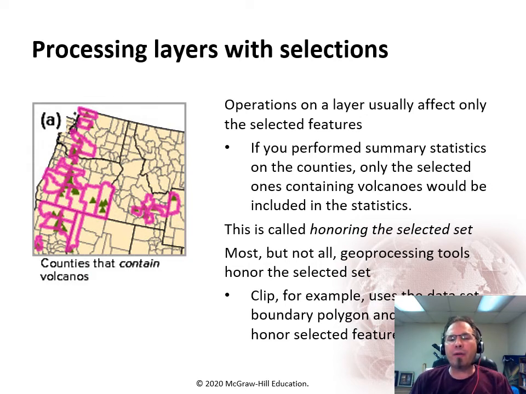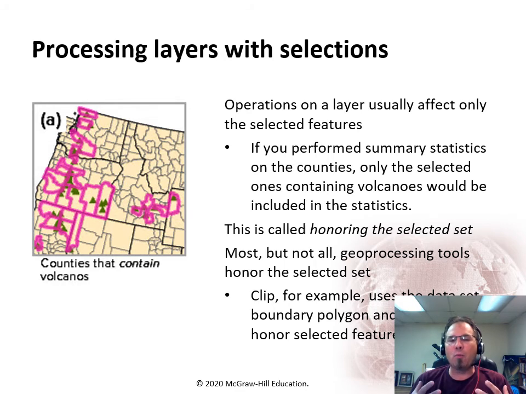But one of the things you have to understand is once something is highlighted on your screen, anything you do to that data set is only applicable to what's highlighted on your screen. So for example, if I have these counties selected on my screen and I run statistics, the only statistics I'm going to get back are, yes, those counties selected on my screen. That's called honoring the selected set.